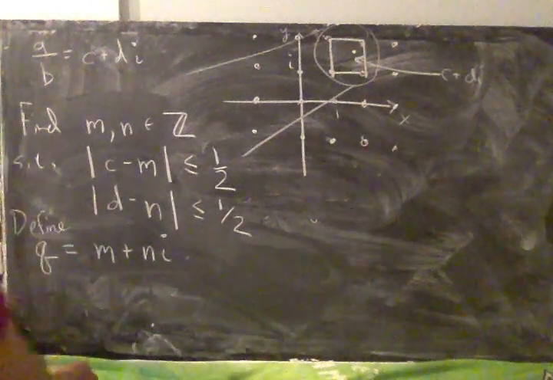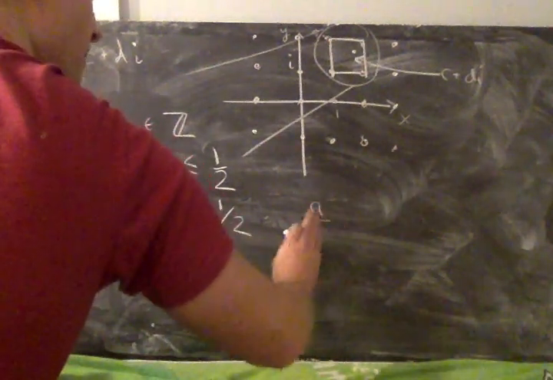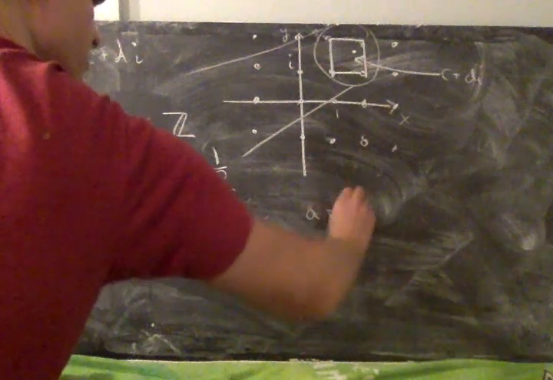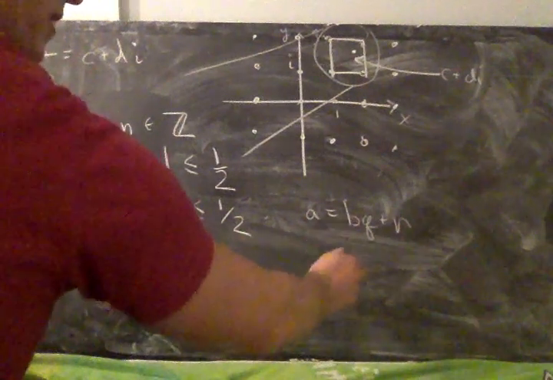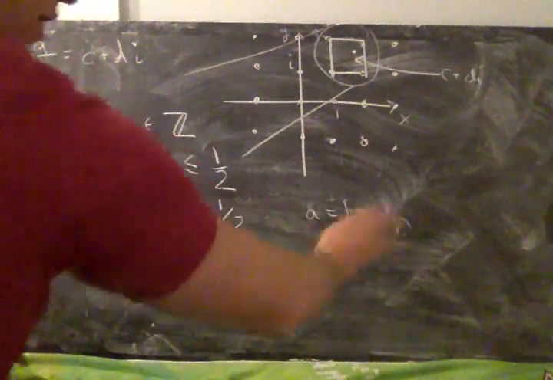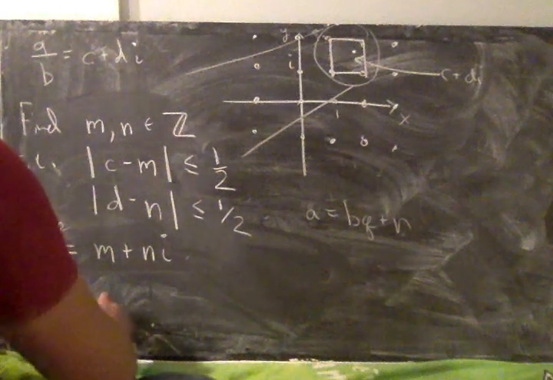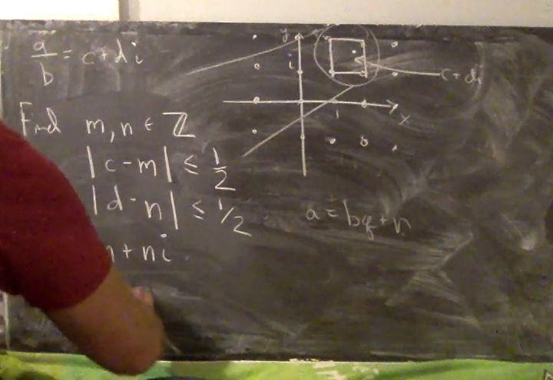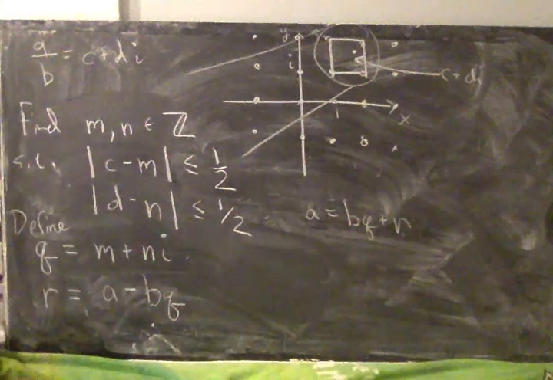So that's how you define Q. And then remember, what we're trying to do is write A as BQ plus R. We had A and B, we defined Q, so for R there's only one possible choice. You define Q this way, and you then define R after the Q to be A minus BQ. Okay?